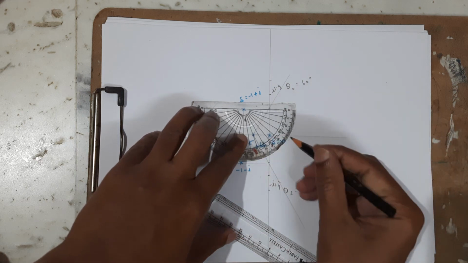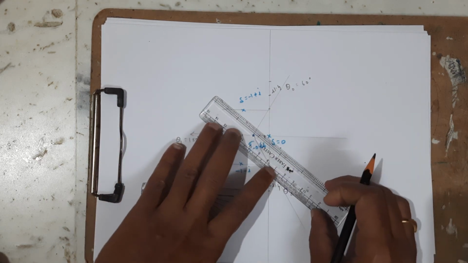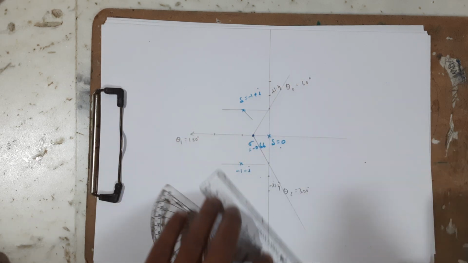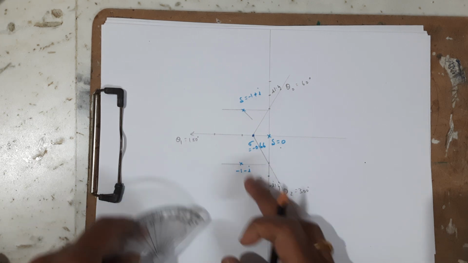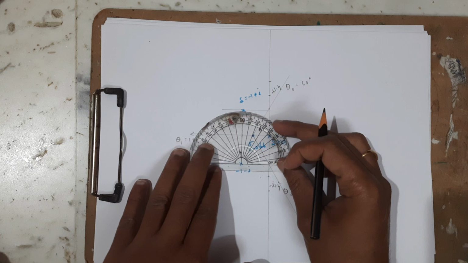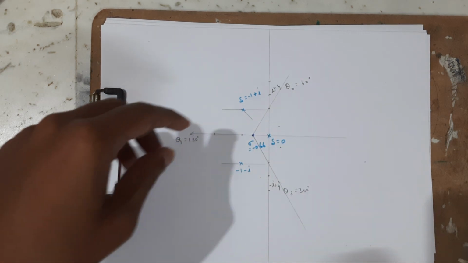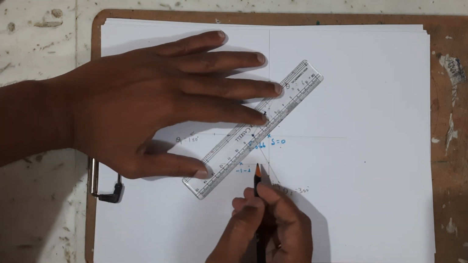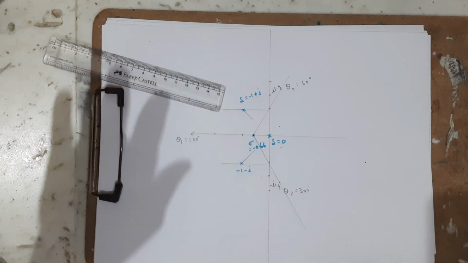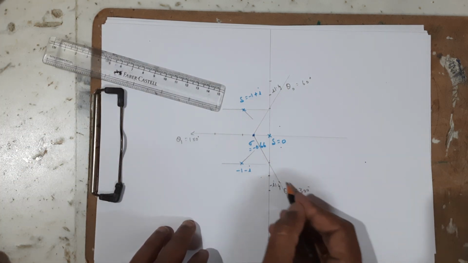From here downwards I am going to mark minus 45, so I draw a line like this at an angle of minus 45. For this point it is plus 45, so above the reference line. Like this I am going to draw the line. This is the angle of departure.